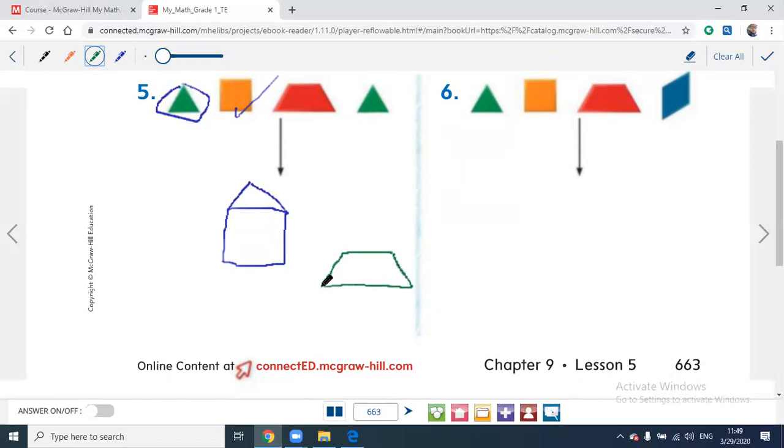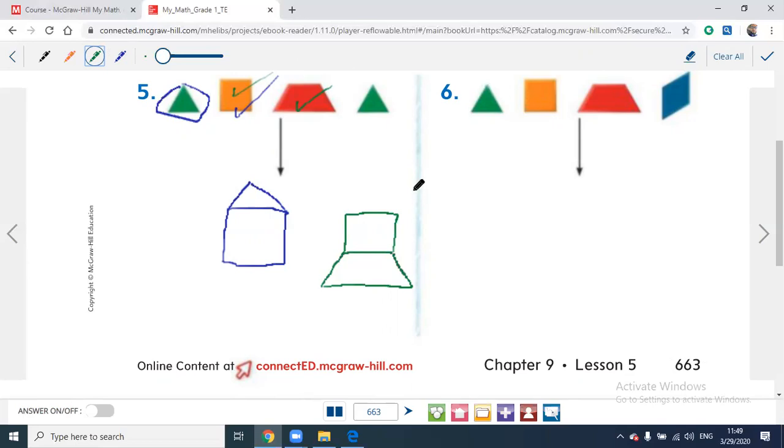A trapezoid car? Yes, you can make it like a car. And this is the square. I used the trapezoid with the square. You can choose any as you like, to join them together to have a new shape.